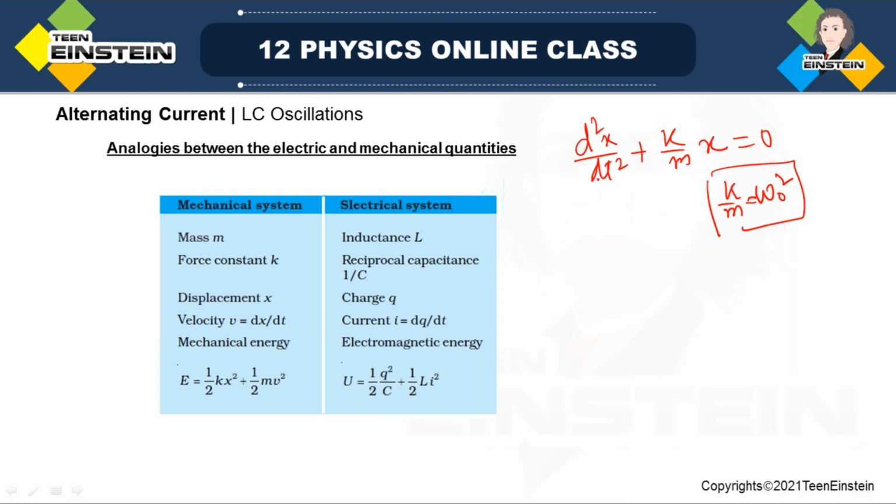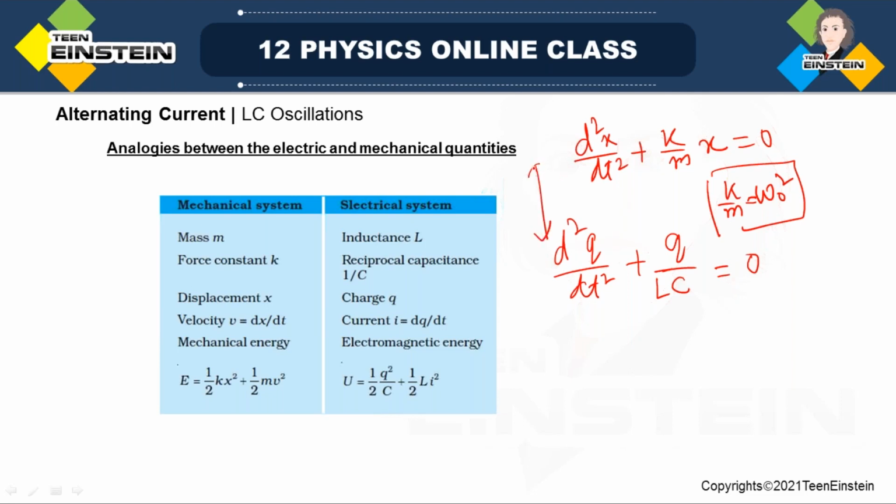Now see, if I write the equation of motion that we know in our LC circuit, d2q by dt square plus q by LC is equal to 0.